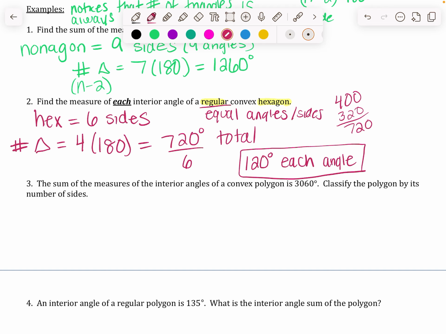We know that when we take the number of sides and we subtract 2 from it to get the number of triangles, and then we take that times 180, we got an answer of 3060. And so this is giving you the answer and you need to work backwards. So we're going to set it up like this, and then we're going to want to solve for n because we're looking for the number of sides that it has.